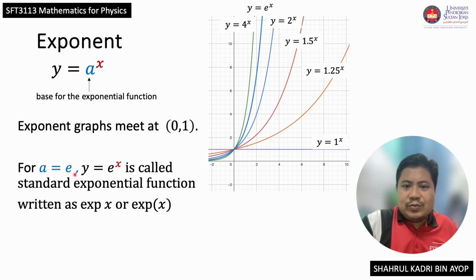For a equal to e, where e is the exponential number, we can write y equal to e to the power x, which is called the standard exponential function, and can be written as exp in the argument of x. This is a special exponential function, and it can be the standard for all of these exponential functions.